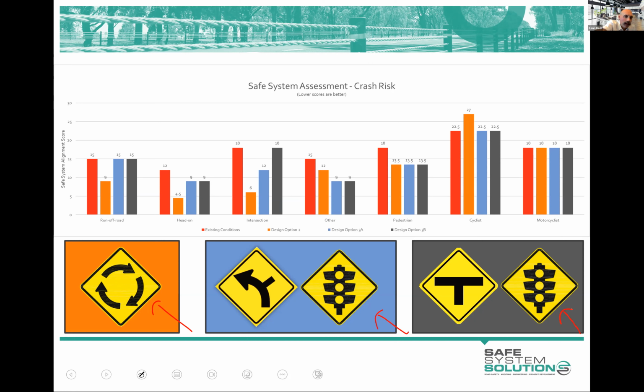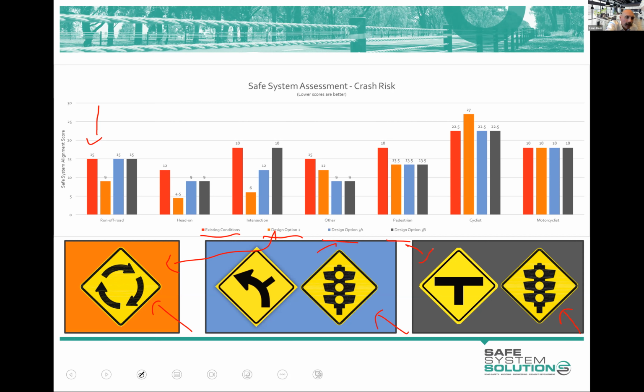What you can see here is that the red bars are the existing conditions, what is currently out there. And then the orange is the design of the roundabout. The blue is the design of the modified T signals. The gray is the design of the conventional T signals.